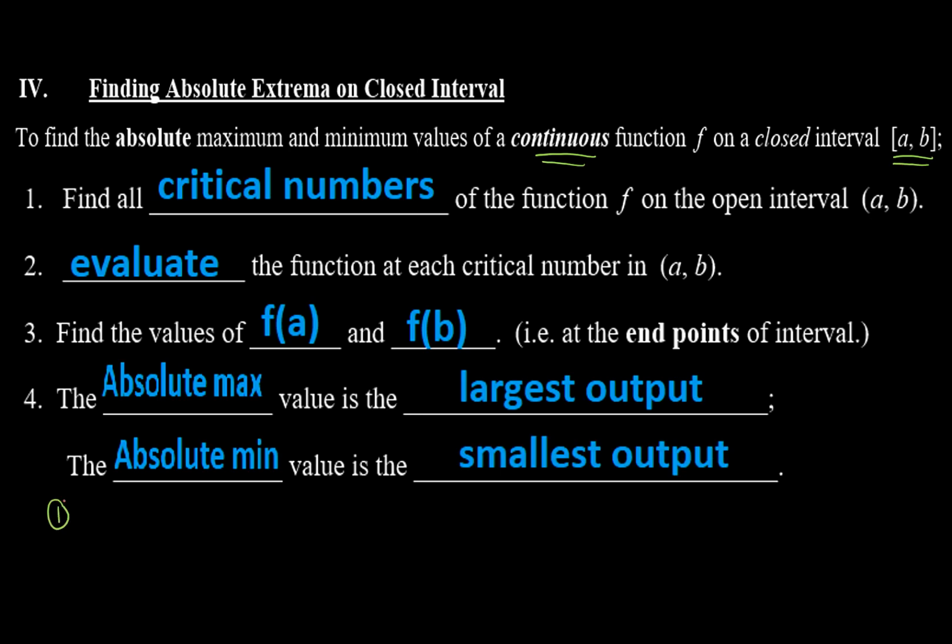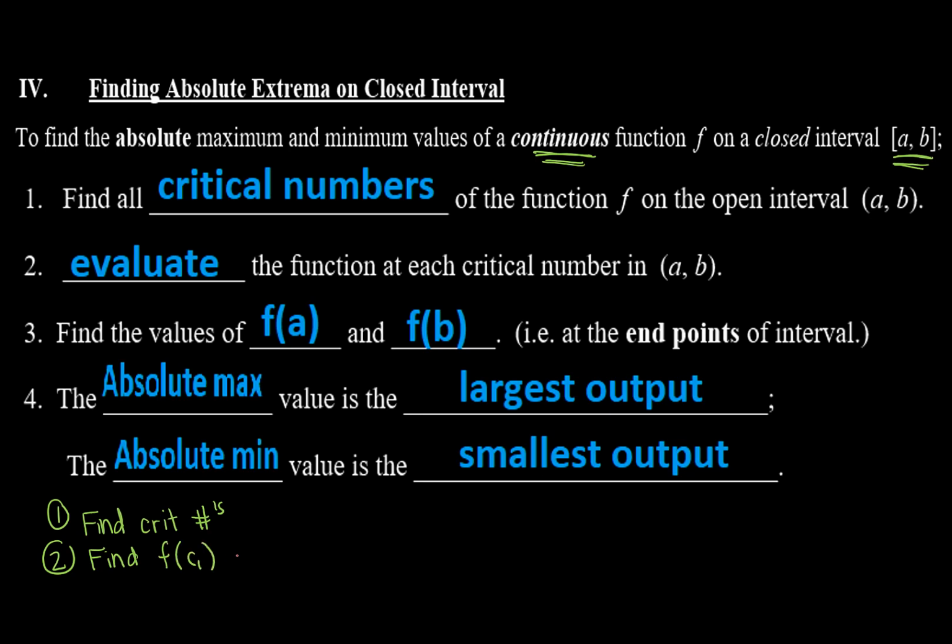So just kind of notice what we're doing. Again, first of all, it's got to be continuous, and it's got to be a closed interval. First thing you do is you find your critical numbers. Next thing you do is you plug all your critical numbers in.